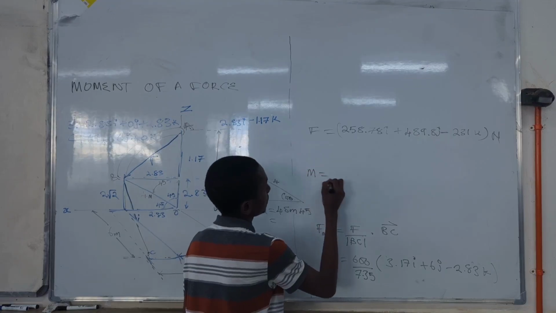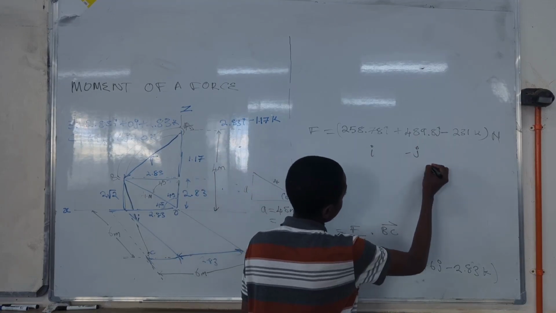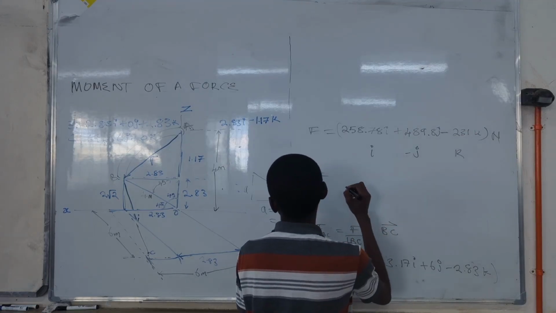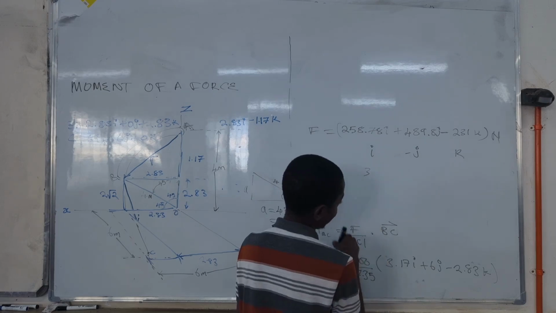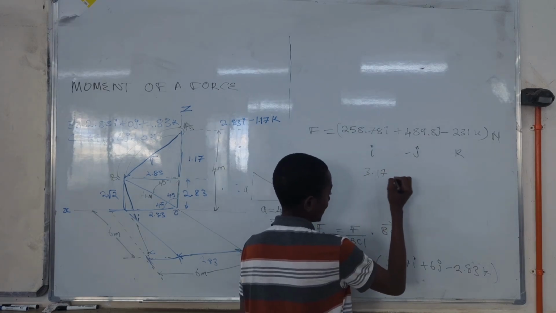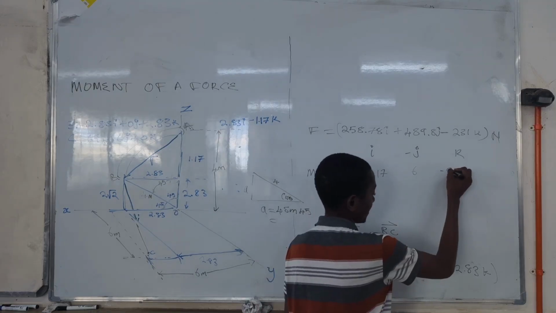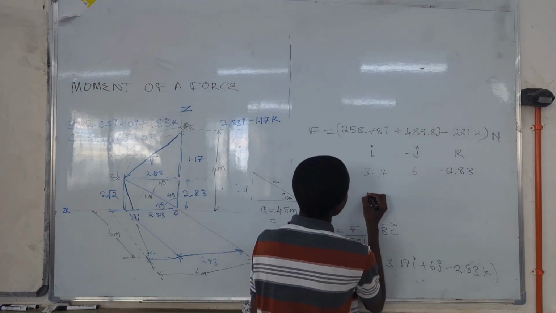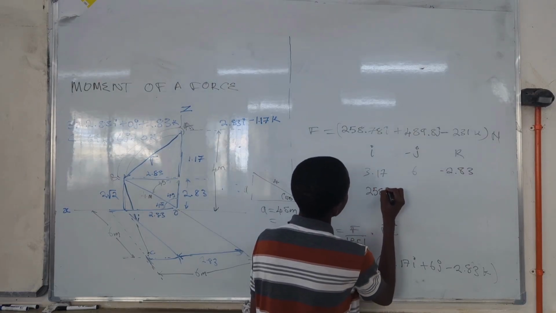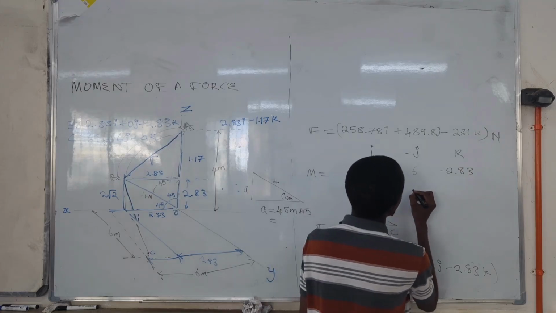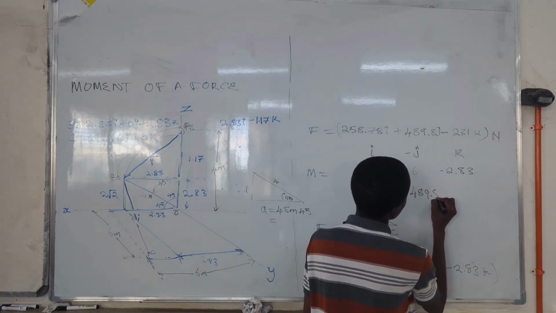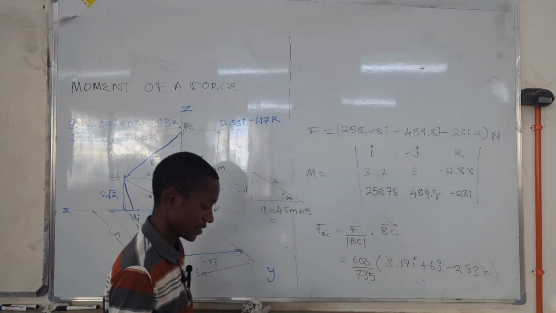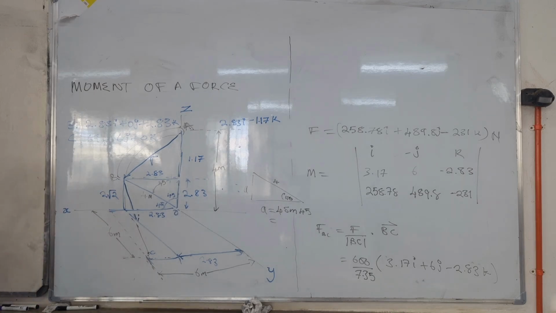Okay, so our moment is going to be equal to i minus j. There is another way of finding this without writing the determinant. So fine, you tell me the answer.